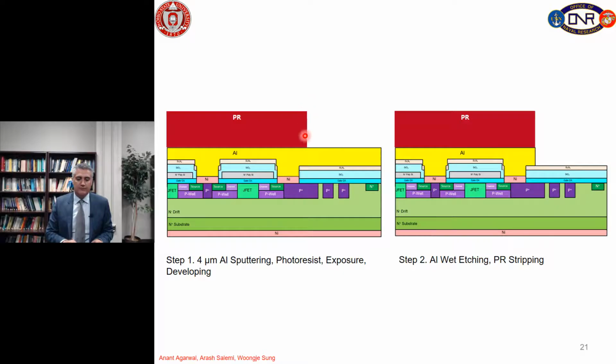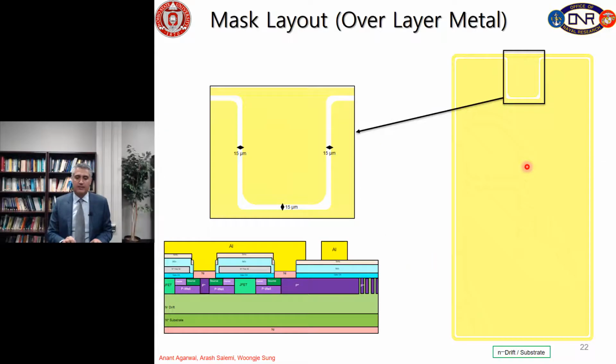Then by using this photoresist and lithography, we can use the aluminum wet etching in order to etch this part of the aluminum that we don't need. And then by photoresist stripping, we can remove the photoresist and have aluminum over the gate and nickel ohmic contacts.